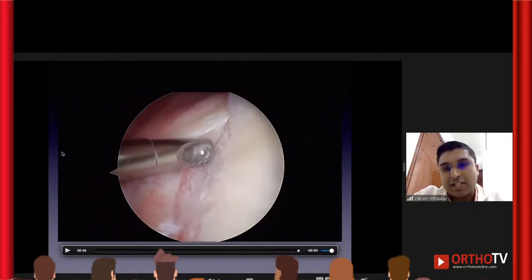I think, as Dr. Shekhar very rightly put, when you have a SLAP tear, more often than not, you have associated lesions. In younger patients, younger than the age of 40, there is more likelihood of an associated Bankart lesion. And in older patients, over the age of 40, you may even have an associated rotator cuff tear. So that's our learning point here.